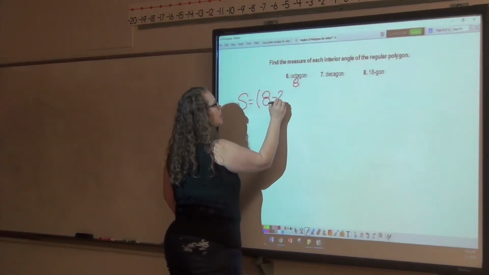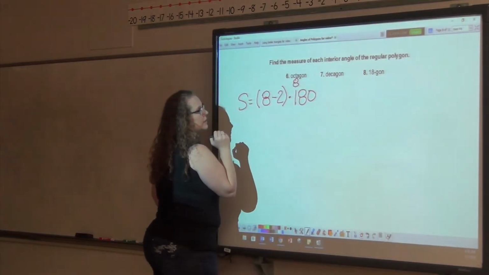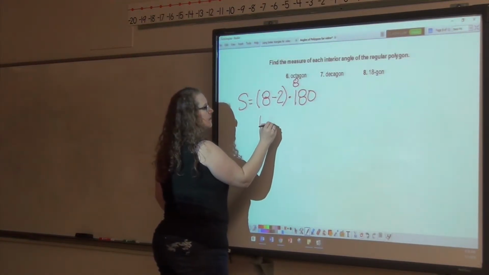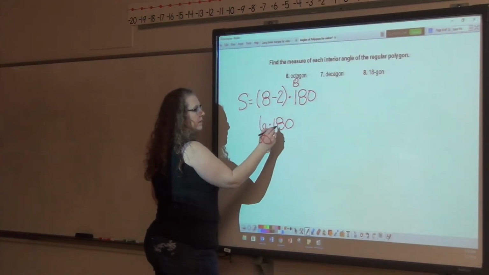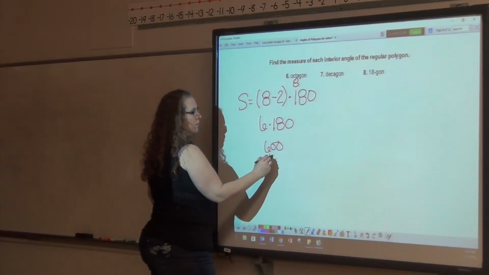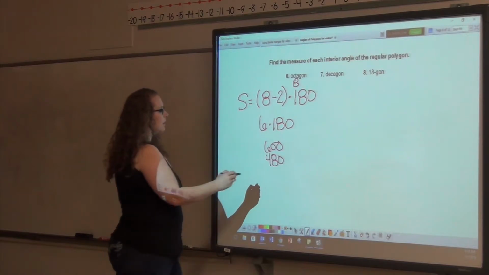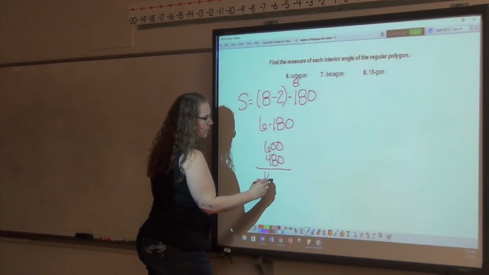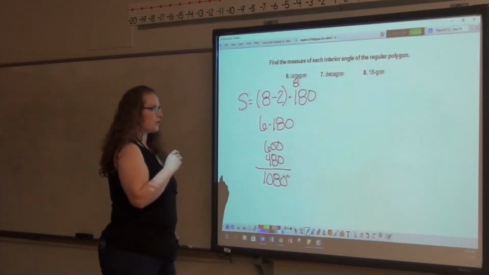So it is 8 subtract 2 times 180 degrees. So this is 6 times 180 degrees. 6 times 100 is 600. 6 times 80 is 480? Yes? Okay, so our angles are going to add up to equal 1080 degrees.